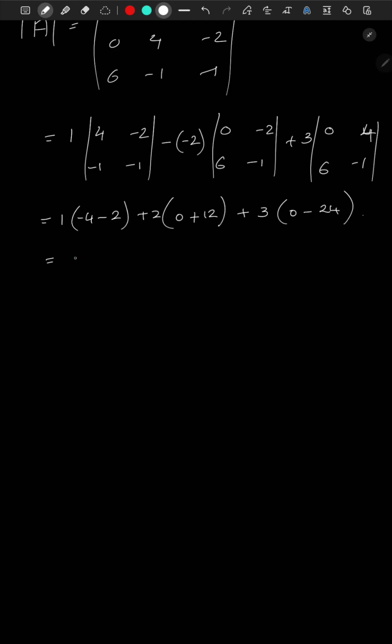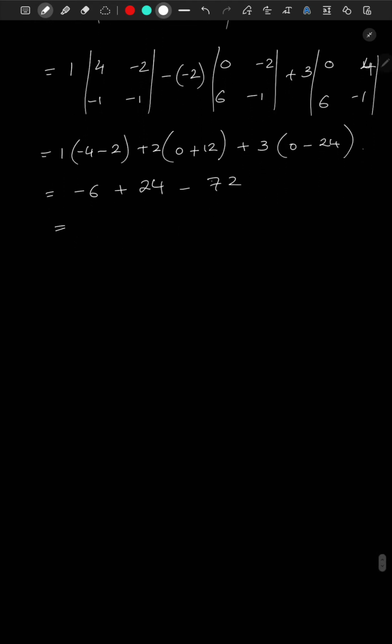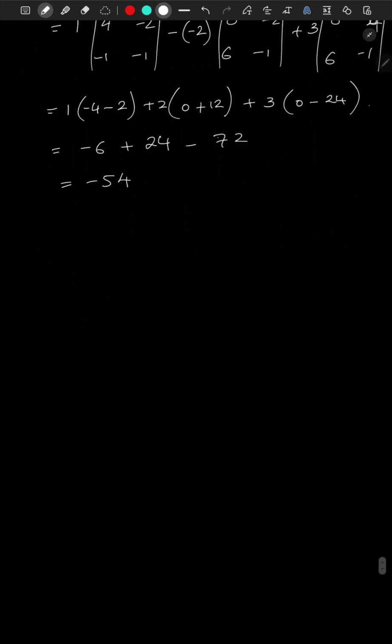This will give you minus 6 plus 12 times 2, 24, plus minus 3 times 24, 72. And therefore, when you solve this, you will have minus 54. So this is the determinant of A.